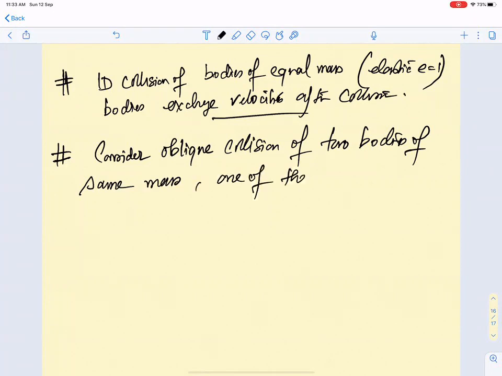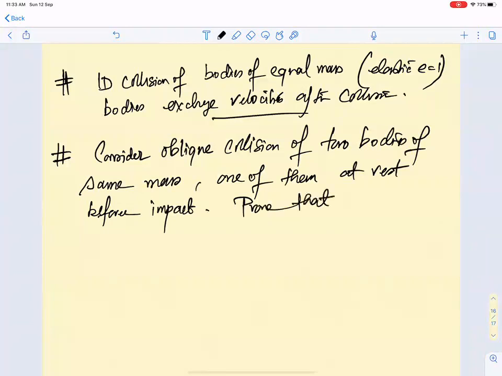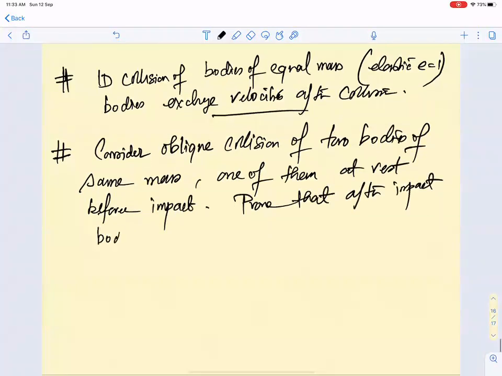One of them at rest before impact. Prove that after impact bodies move at an angle of 90 degrees.